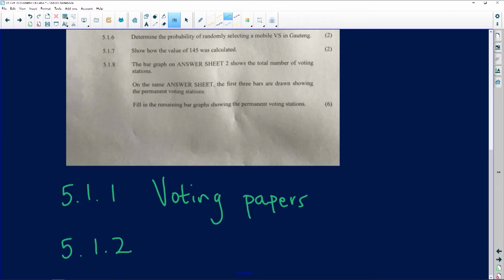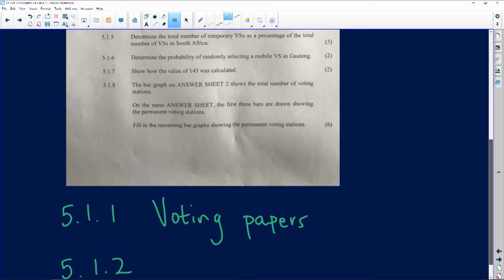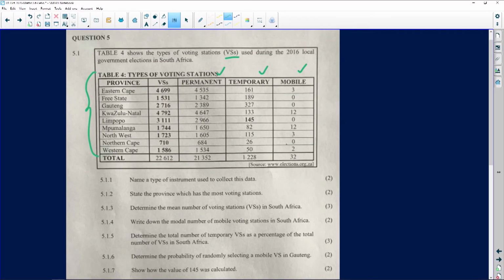So the next question then says to us, state the province which has the most voting stations. So we need to go and look at the province that has the most voting stations according to the table that we have been given over here. And according to this table, let's look at the numbers. The biggest number for me is looking like the Eastern Cape, but I also see that KZN also has quite a big number.